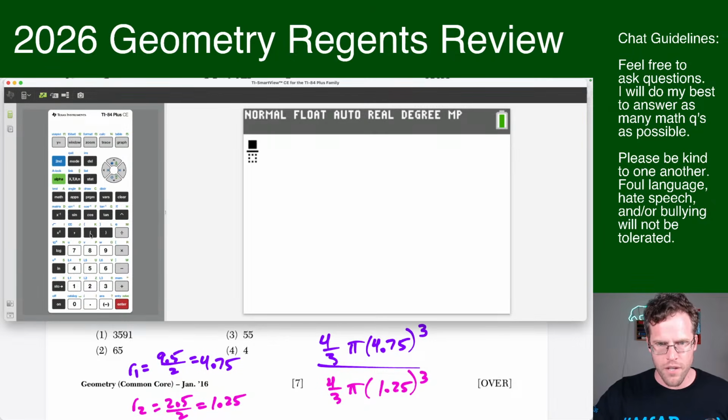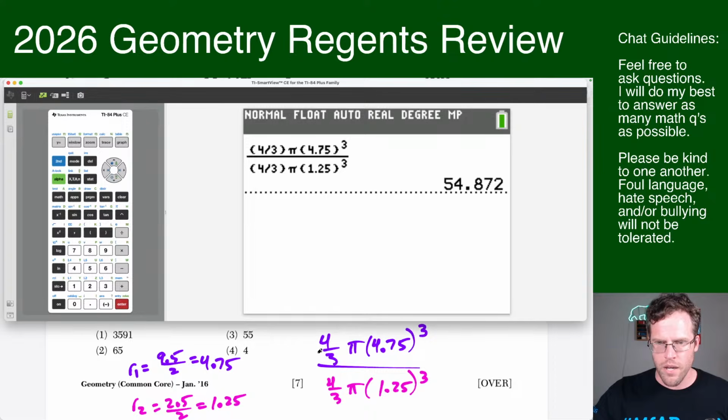All right, 4/3, I could write without parentheses, or in parentheses. Then pi is second, and then this up button here. And then 4.75 to the power 3. And we're dividing that by 4/3 times pi times 1.25 to the power 3.